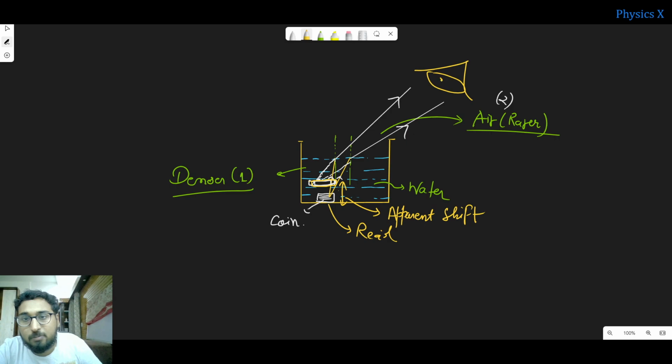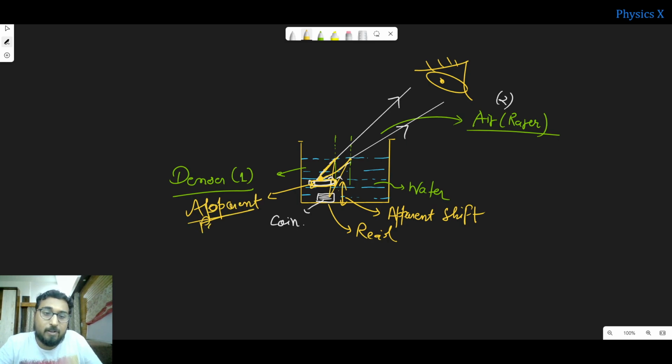These rays have been bent because of the difference in medium, so your eye will see the rays of light coming from somewhere here, a point above the real point of the coin. So there is a position shift. The coin will appear somewhat raised from its original position, which is its apparent position. This is called the apparent position of the object, which is not the real position.